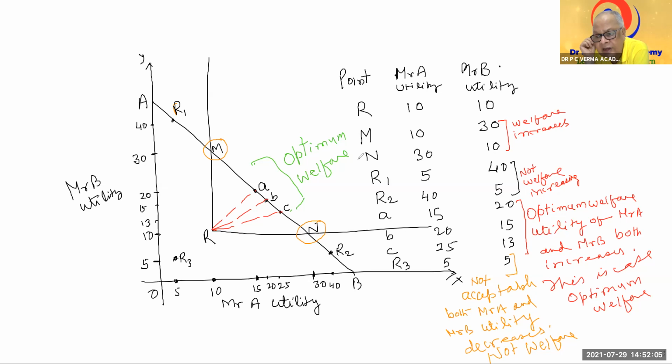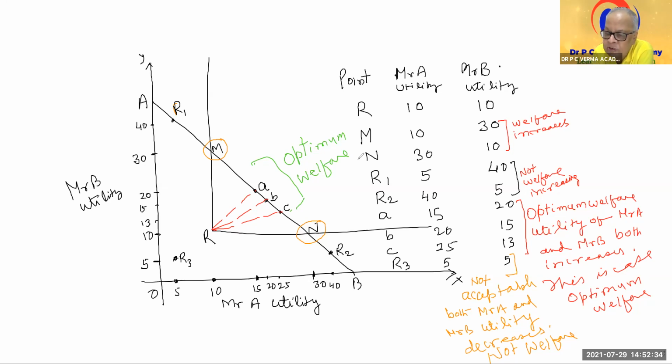So here we are reading Pareto optimality. What is Pareto optimality? If there is any change in the society, in the economy, all persons must be benefited. If even a single person is deprived of it, this is not optimum.